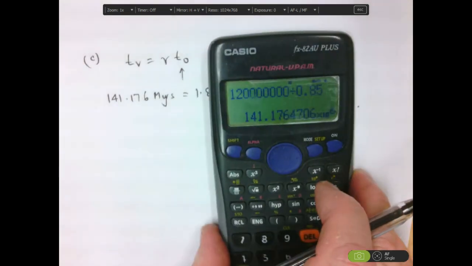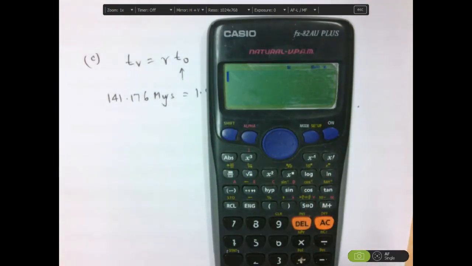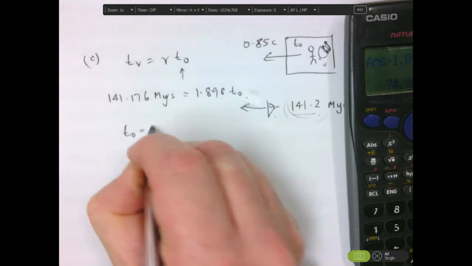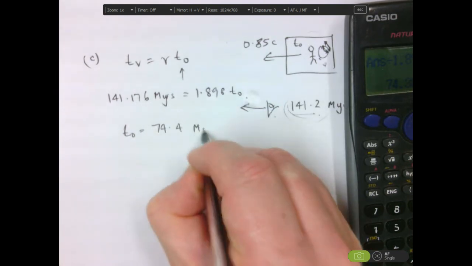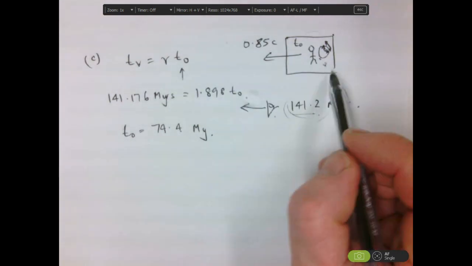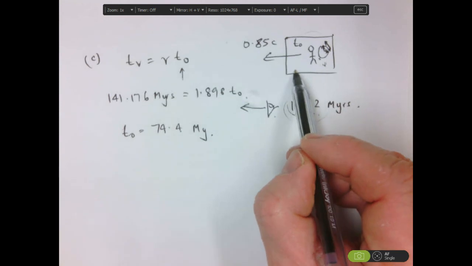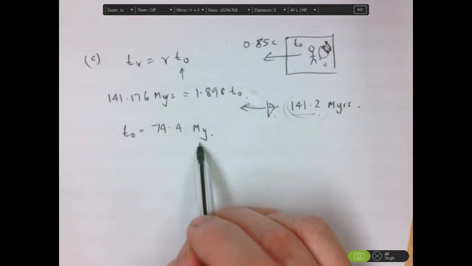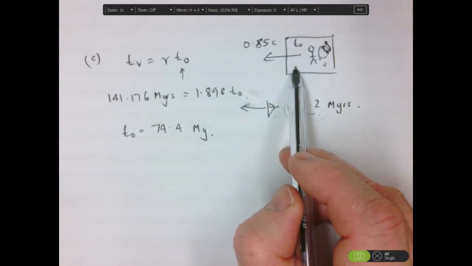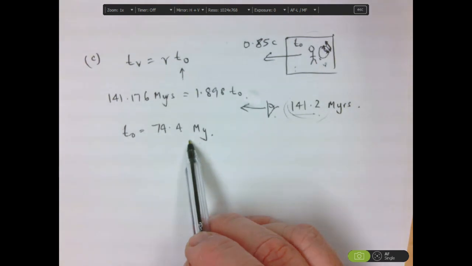So it's this number divided by the gamma factor, 1.898, and that is t0 equal to 74.4 million years. So what this means is they will only take 74.4 million years to cross that galaxy in their time. They will see only that much time go past on the clock.